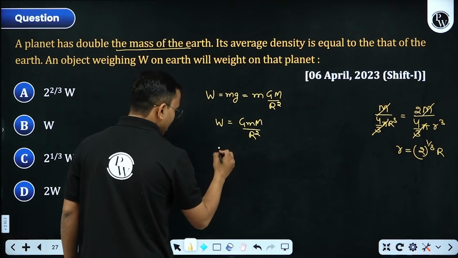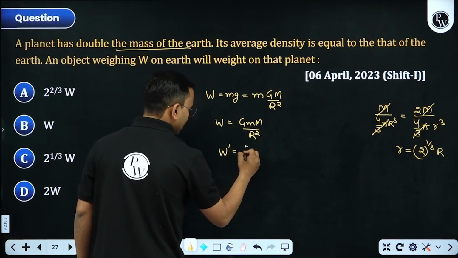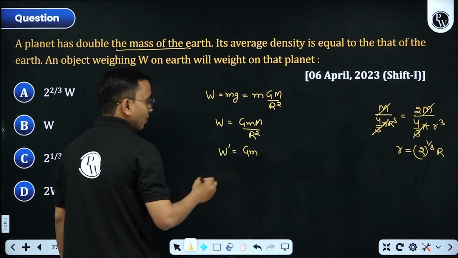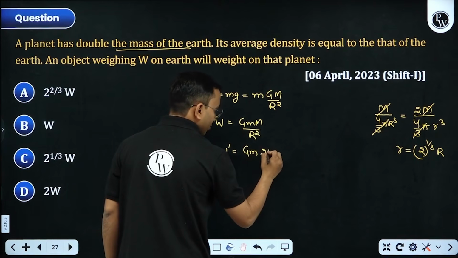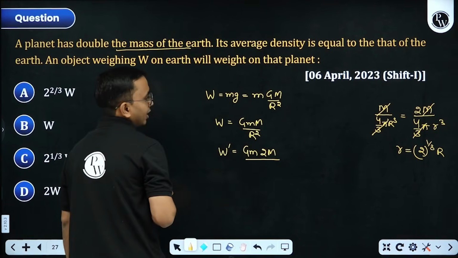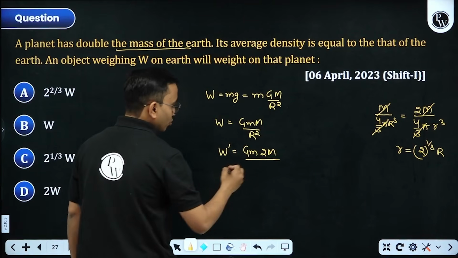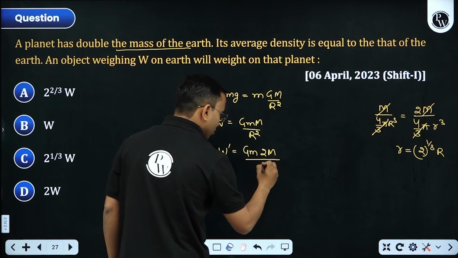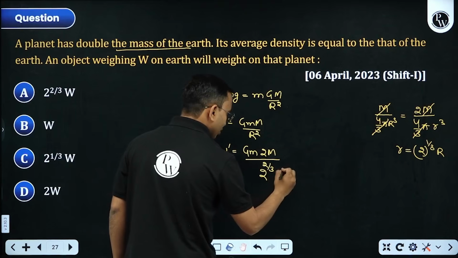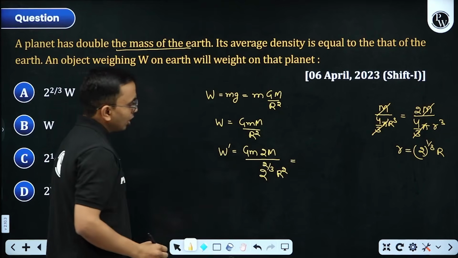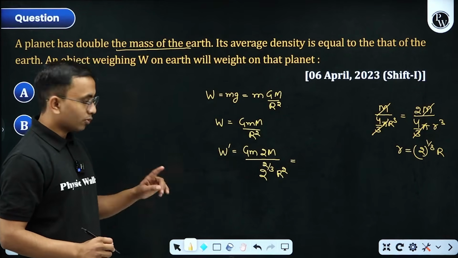So W dash, that will be G, mass of the object, mass of the planet is twice, so 2M divided by the radius of that planet squared. So 2 to the power 1 by 3 squared is 2 to the power 2 by 3, divided by r square. How much is this? 2 divided by 2 to the power 2 by 3 is 2 to the power 1 by 3.